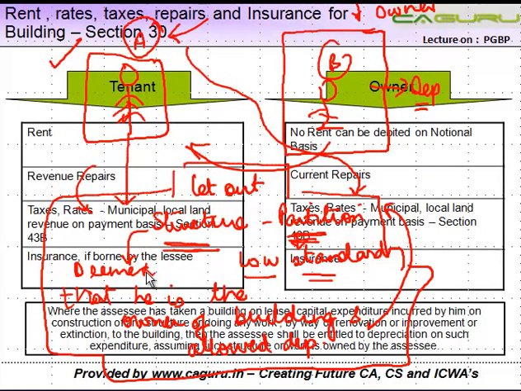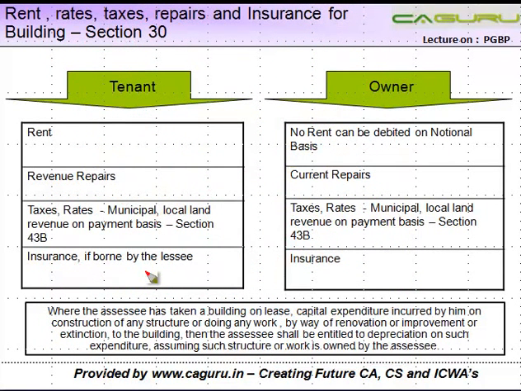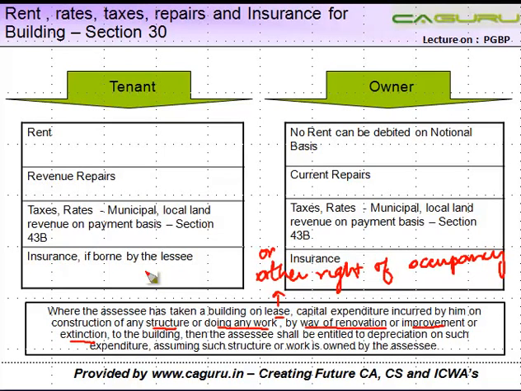Let's now again go back to the detailed explanation for this, where the assessee has taken a building on lease. Lease is just one thing. You can have any other right of occupancy. So you are there. Capital expenditure incurred by him on construction of any structure or doing any work or by way of renovation or improvement or extension. So let's say, for example, there was already a partition which he just got removed.